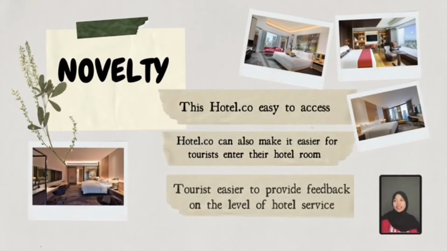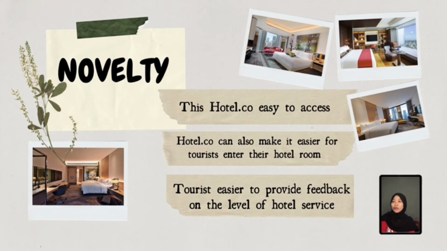Okay, the next slide is about novelty. As we know, each application must have its own specific uniqueness. So, here are some of the new things that the hotel.co app has. First, based on the slide, this application is easy to access.